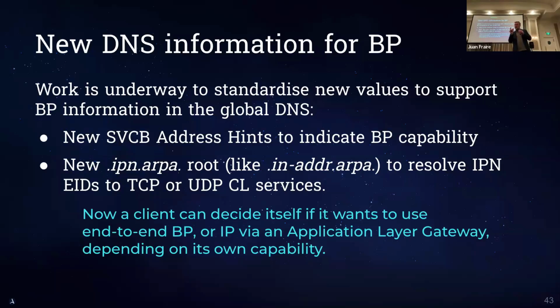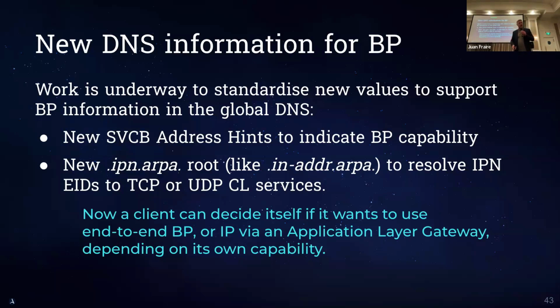And I think we're about 3 months away from having a .ipn.arpa. So that's at the same level as in-addr.arpa and ip6.arpa. So there will be 3 address families in global DNS: bundle protocol IPN, IPv6, and IPv4.